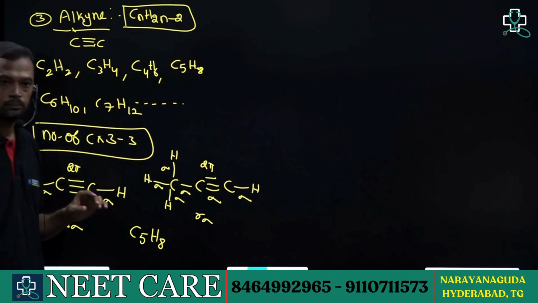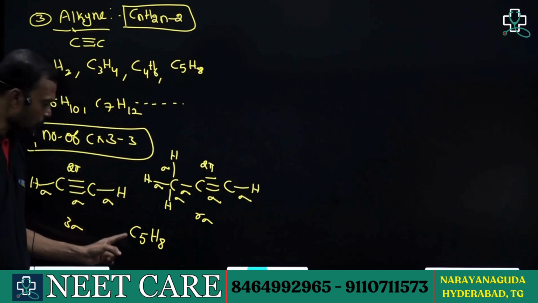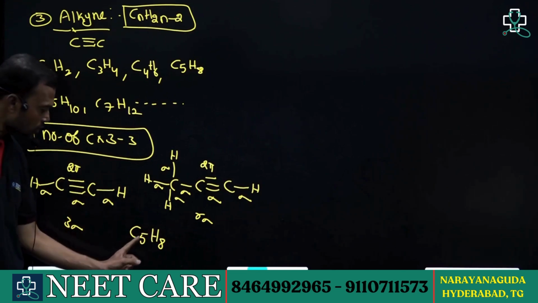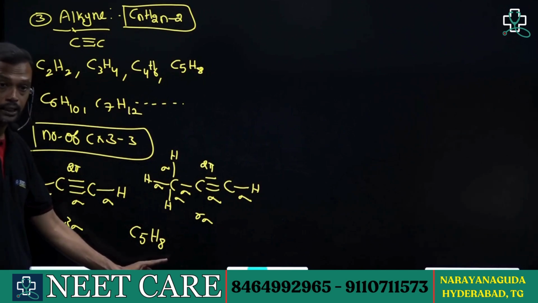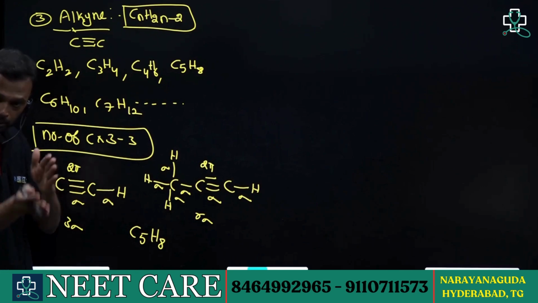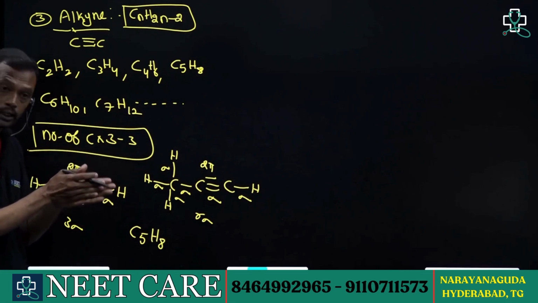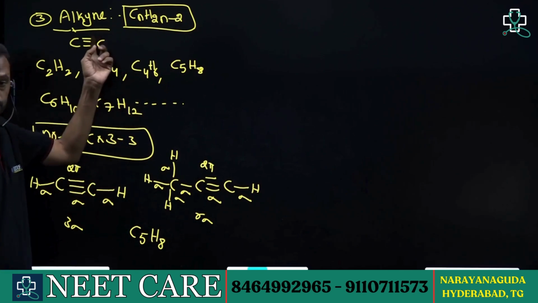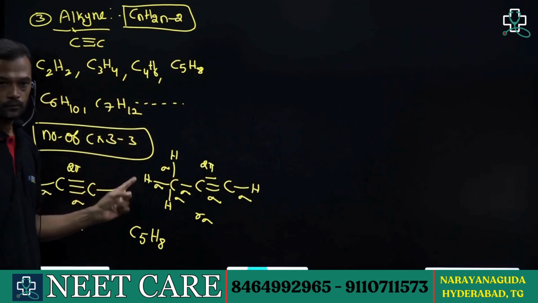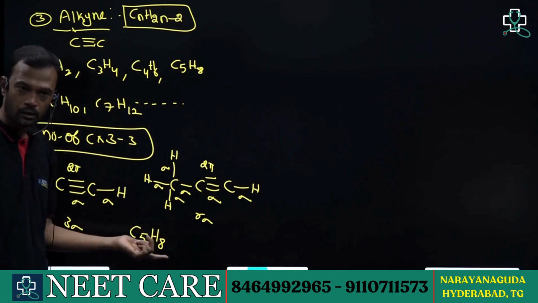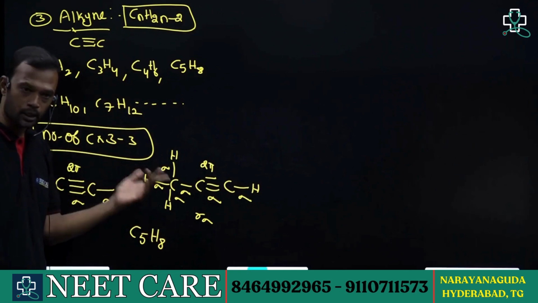You can confirm a triple bond by observing the carbon number. If you double the carbon number, alkene. If you double the carbon number minus 2, alkyne. If you double the carbon number plus 2, alkane. Is it carbon number double? Yes, and minus 2.